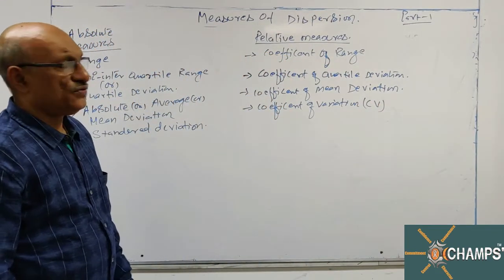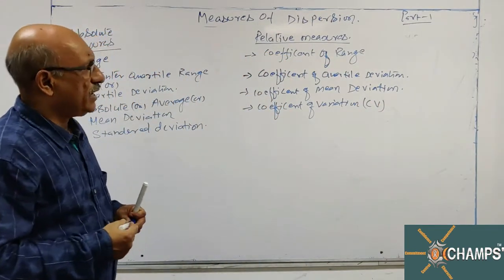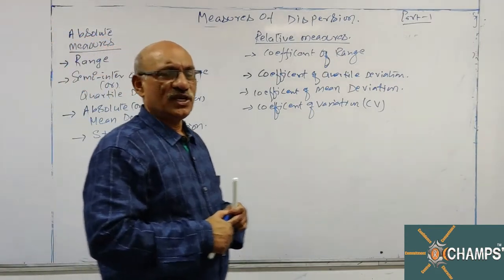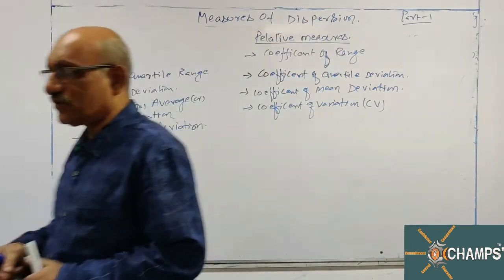This way we have 4 absolute measures and 4 relative measures.